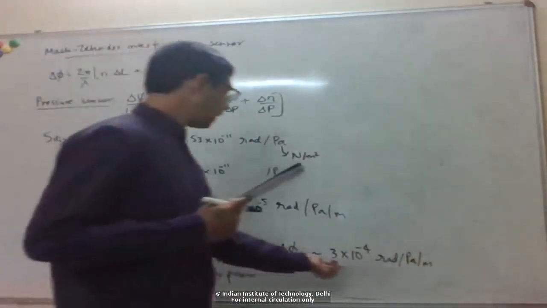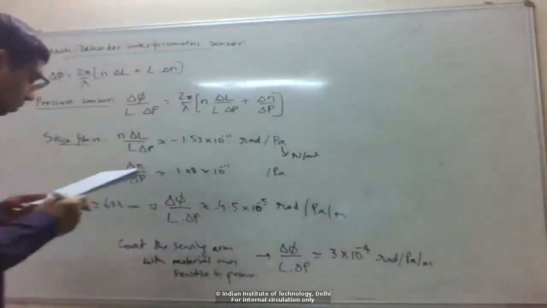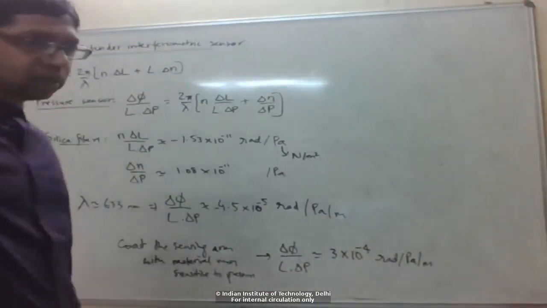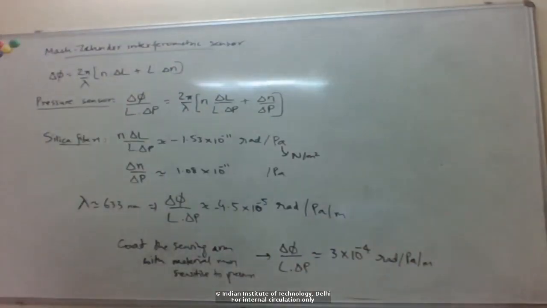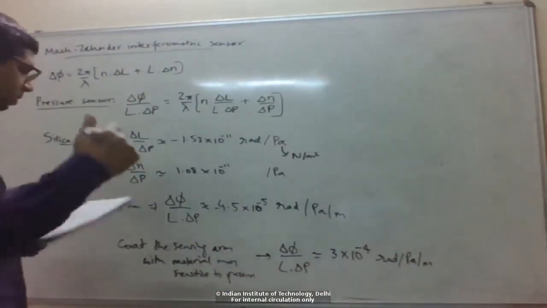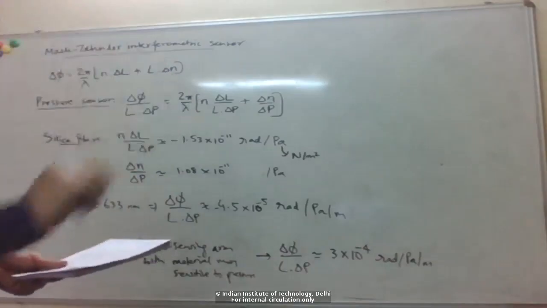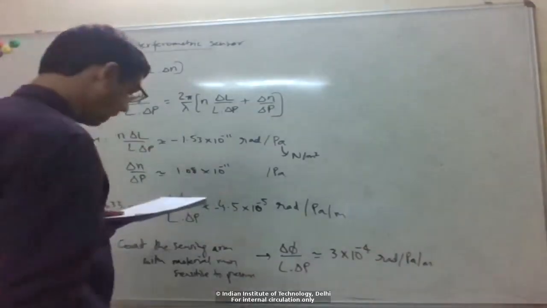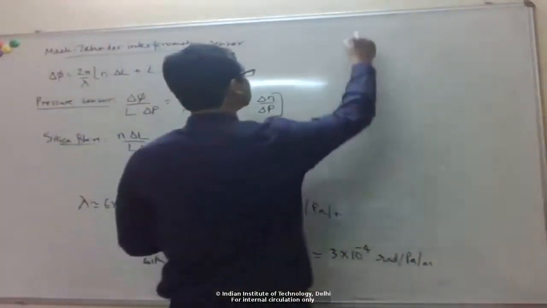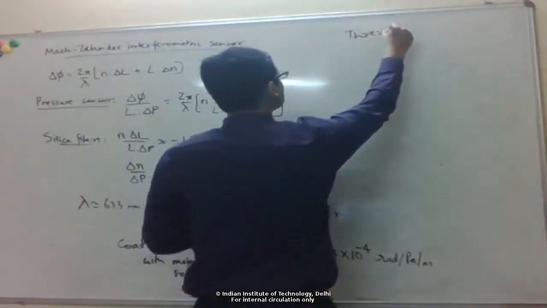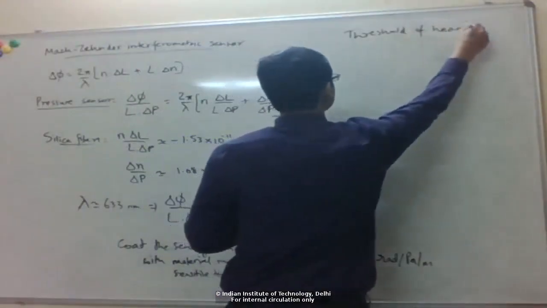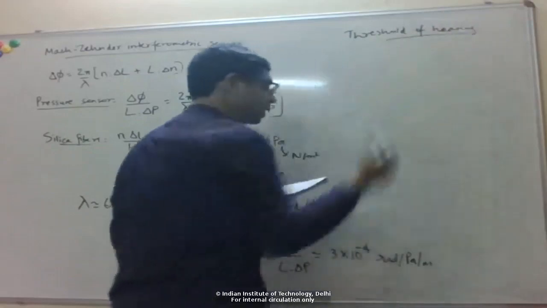Right, to get an idea of how sensitive this is, take the threshold of hearing, the lowest sound that the human ear can detect. As you know, sound waves are basically pressure waves, right? So the human ear is quite sensitive.